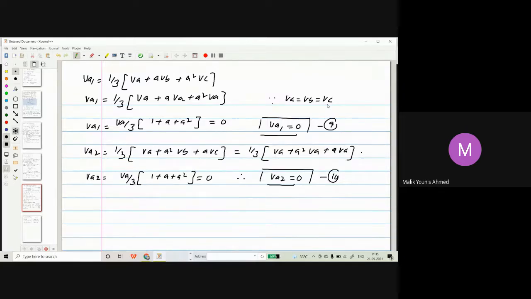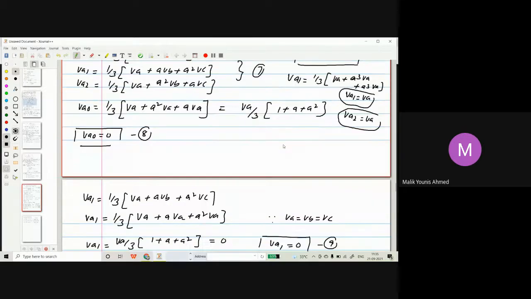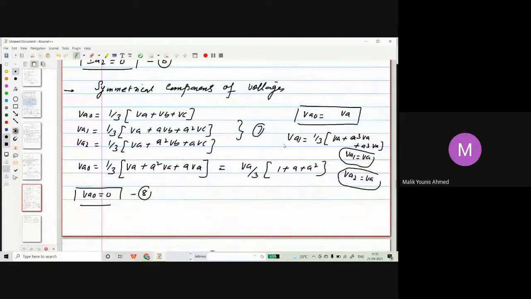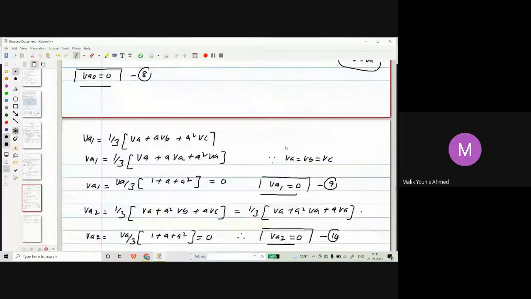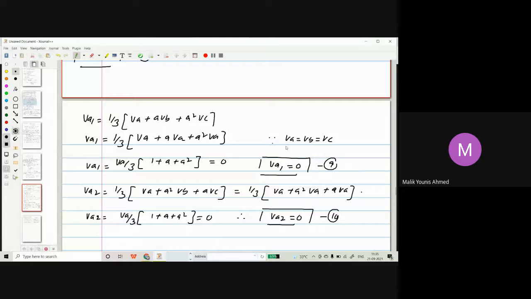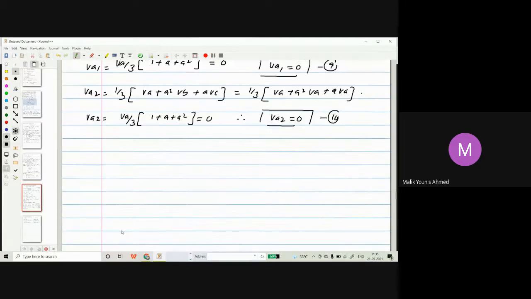But the important thing is that the value in the first case is VA and in the second case is 0. So let us verify this now. Let's say this is 10. Now VA1 is 0.